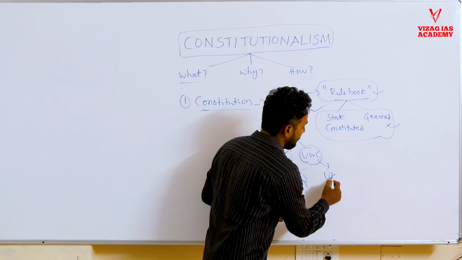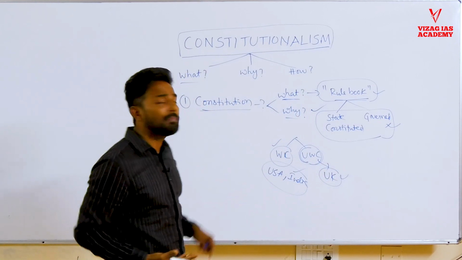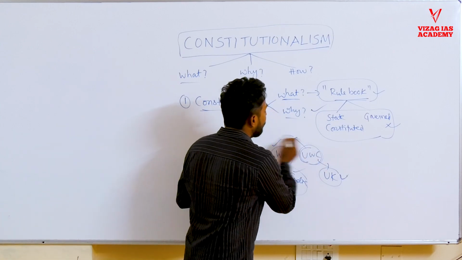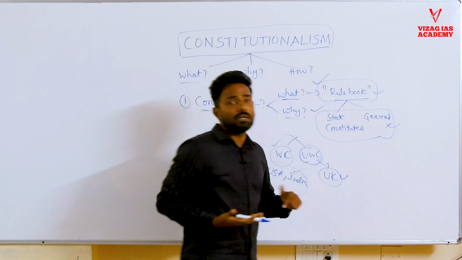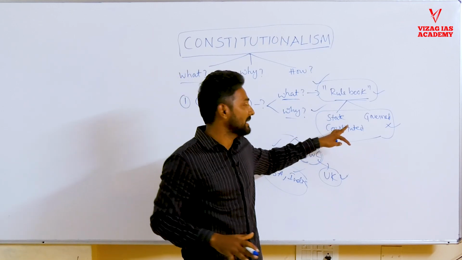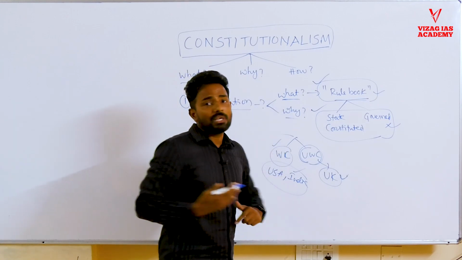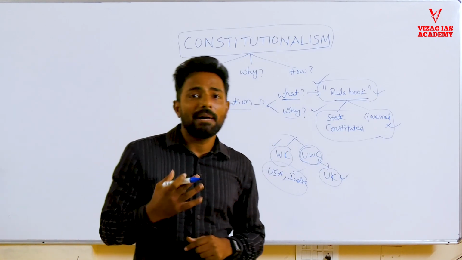For example, in the UK they don't have a written constitution; they have an unwritten constitution based on conventions. Therefore, constitution is a rule book which sets the basic guidelines for the polity to play in that particular state or country.